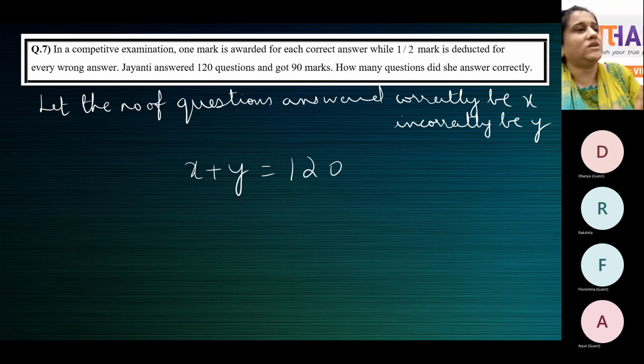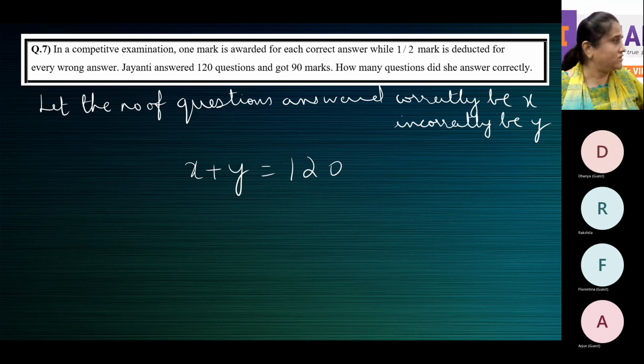Here one correct answer is 1 mark, x correct answers is 1 into x. Supposing one correct answer is 2 marks, how many correct answers? x. So 2x marks you will get.